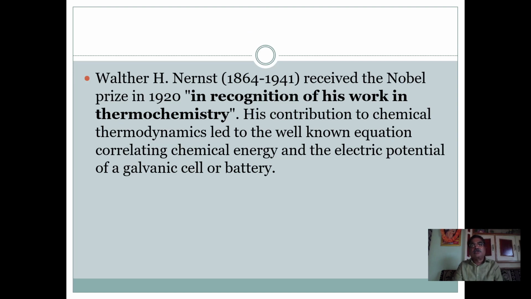Walter H. Nernst received the Nobel Prize in 1920 in recognition of his work in thermochemistry. His contribution to chemical thermodynamics led to a well-known equation correlating chemical energy and electrical potential of a galvanic cell or battery.